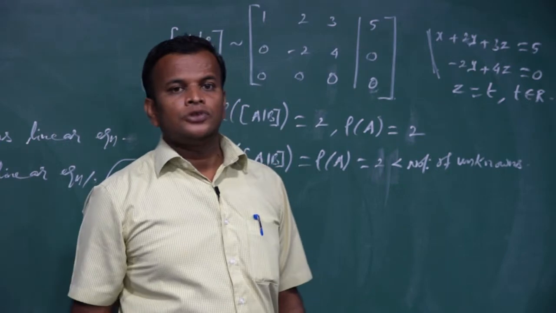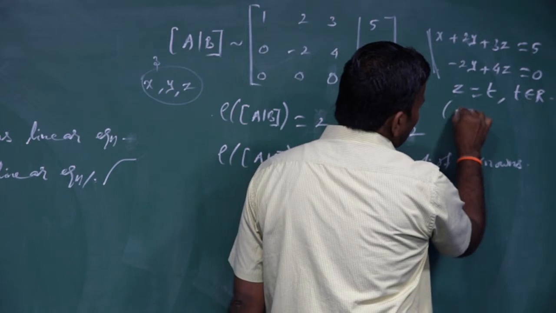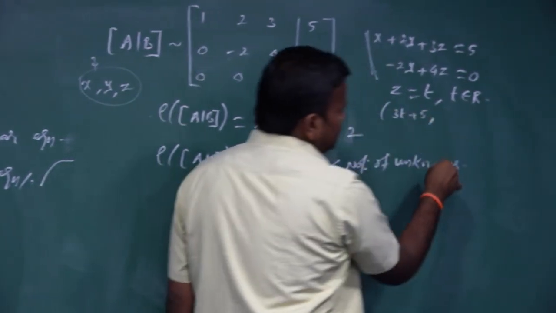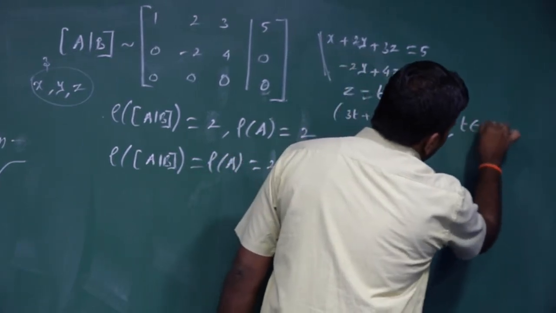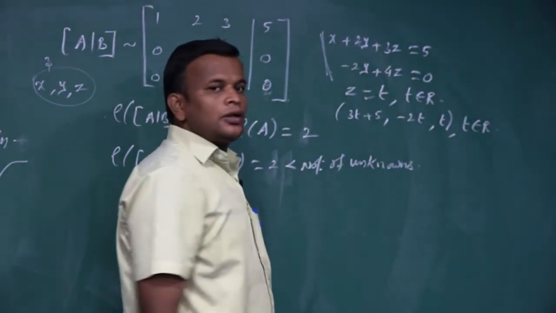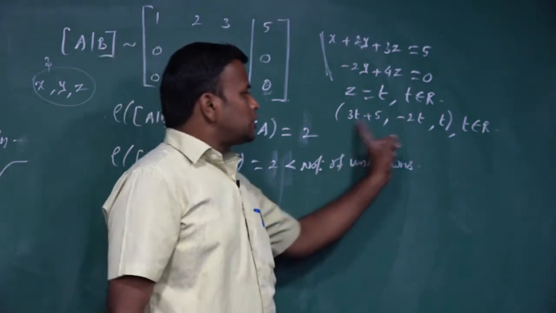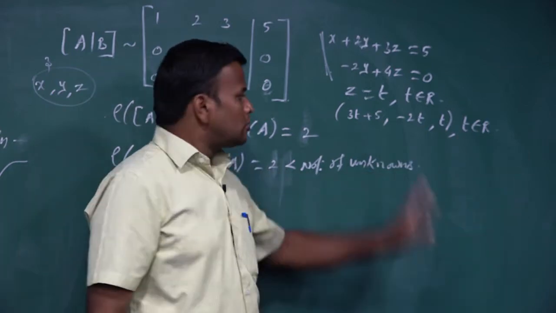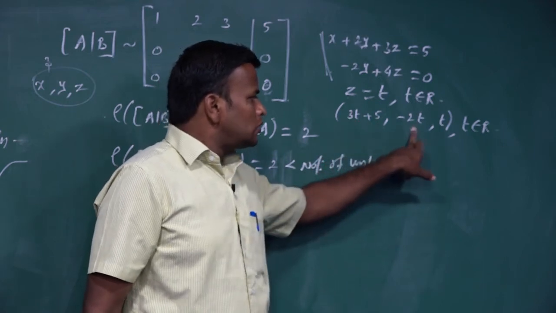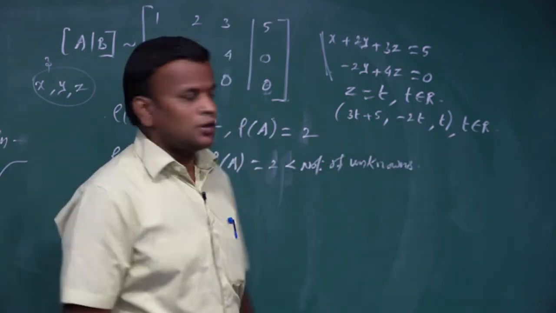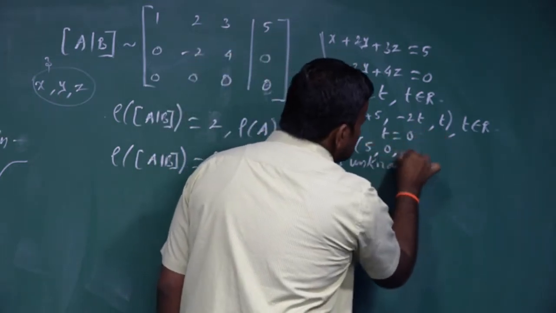Then we solve. Suppose the solution is 3t plus 5, minus 2t, and the value of z is t, where t is a real number. Suppose I put t equal to 0. I have one set of solutions: 5, 0, 0.